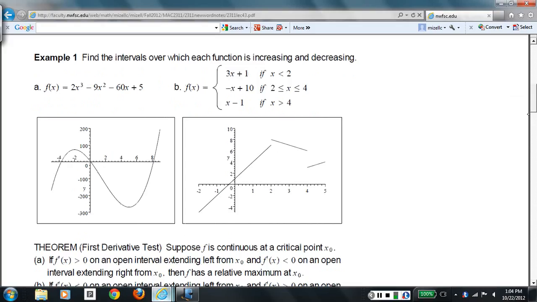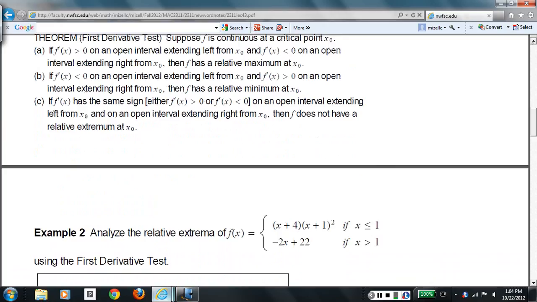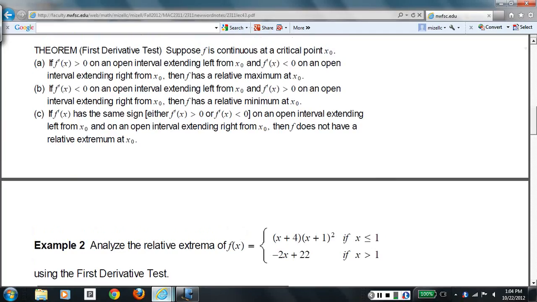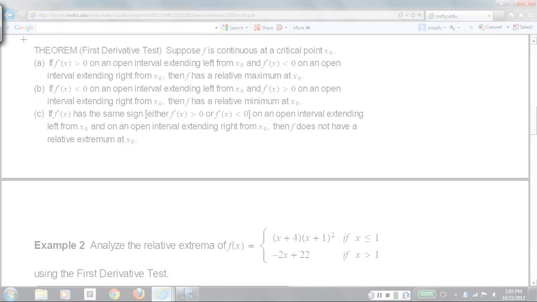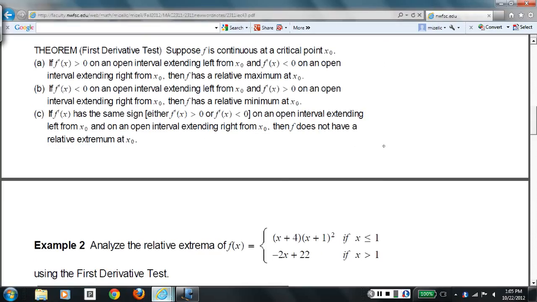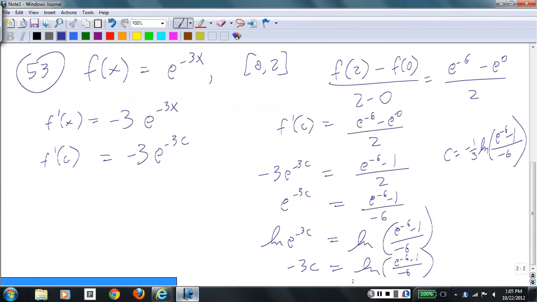But we did example 1, is that correct? We did example 1 to indicate where it's increasing and where it is decreasing. It was just about to take us back over some paths we covered in section 4.2. Didn't want to do that. Let's pick up with the first derivative test here in section 4.3.